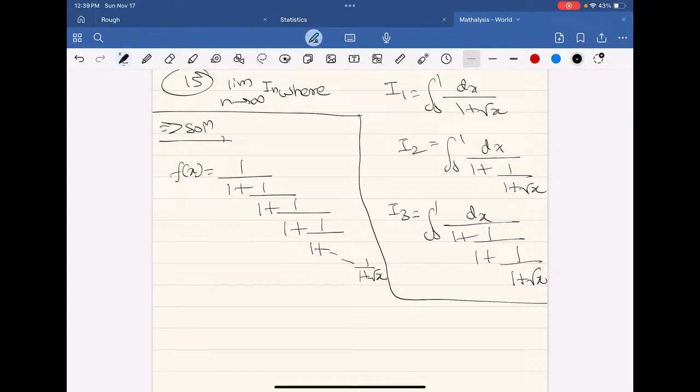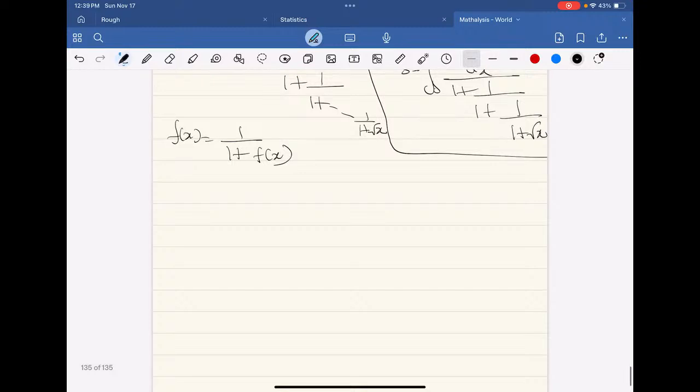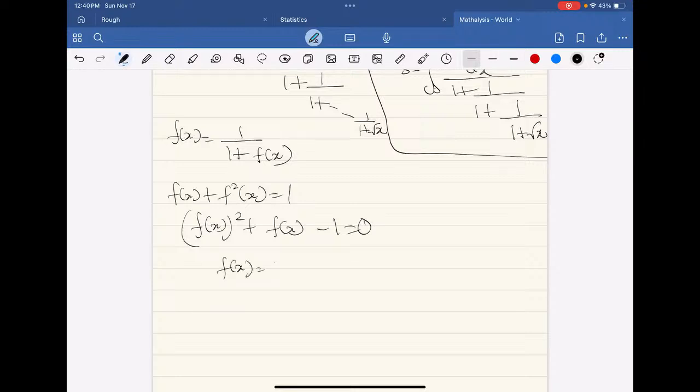Now this function is just 1 by 1 plus the function itself, because it's going to infinity. So f plus f square equals 1, so f square plus f minus 1 equals 0. And now I can solve for that function.